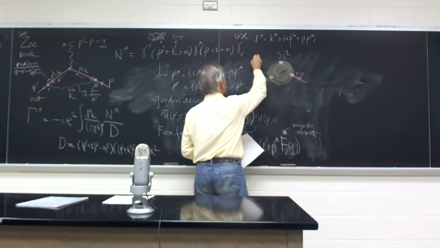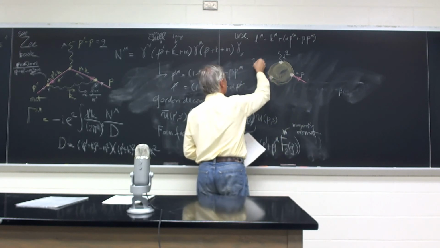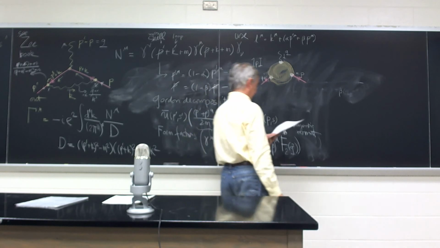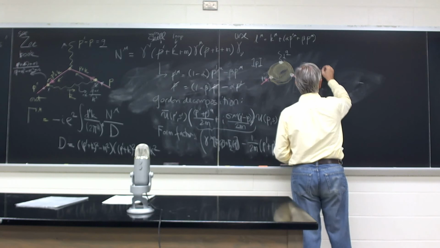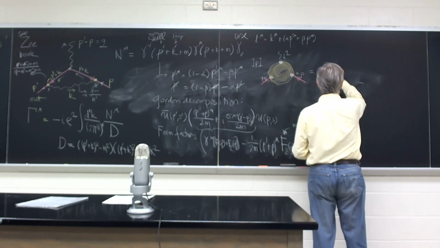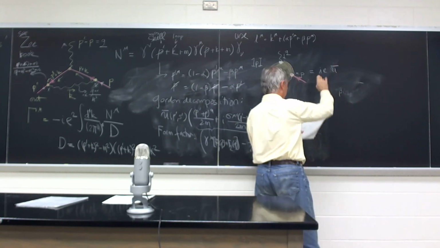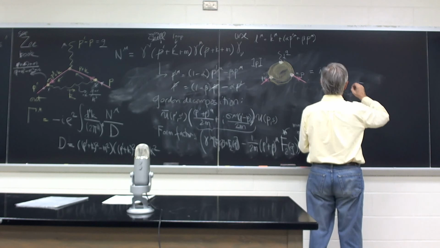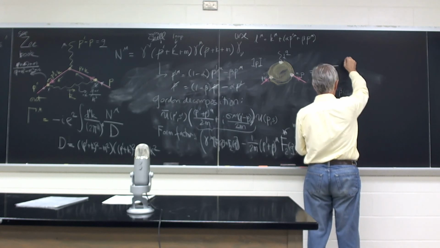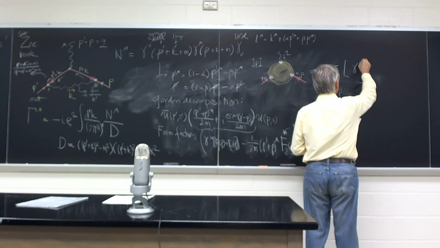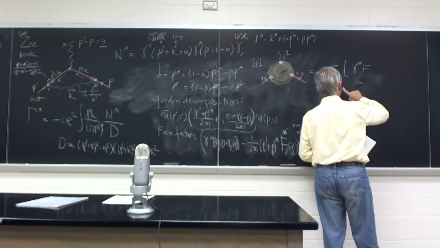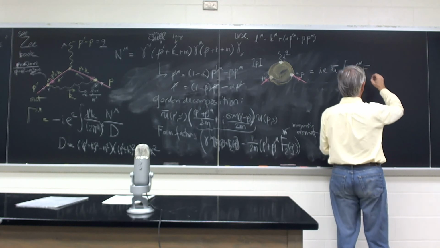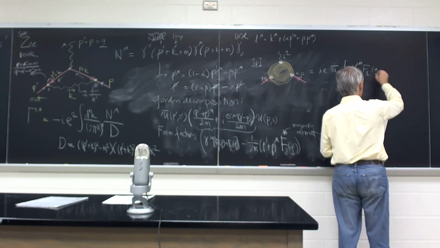So, one-particle irreducible, free vertex. That's the bare vertex version. And then all corrections that contribute to the vertex, gamma vertex over square.